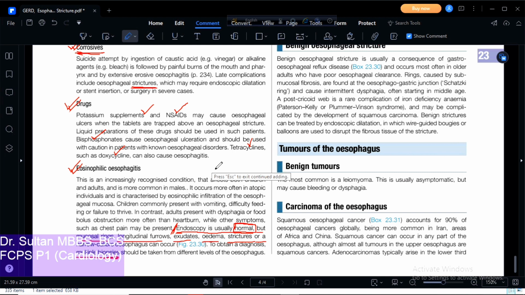What are the findings expected in eosinophilic esophagitis? Mucosal ring, longitudinal furrows, exudate, edema, stricture. These can be found in eosinophilic esophagitis, but it can be normal. So if there are normal findings, the biopsy should be taken.